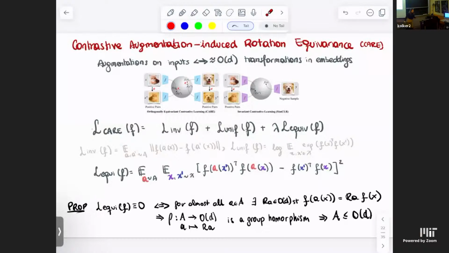So something interesting is that if you can make this equivariant loss equal to 0, then mathematically it means that you have a group homomorphism between whatever part of A doesn't get sent to the identity and O(d). So in particular, whatever part of A that doesn't go to the identity needs to be a subgroup of O(d).